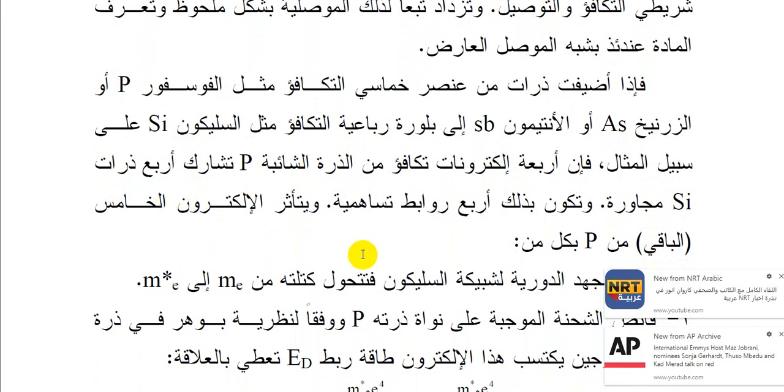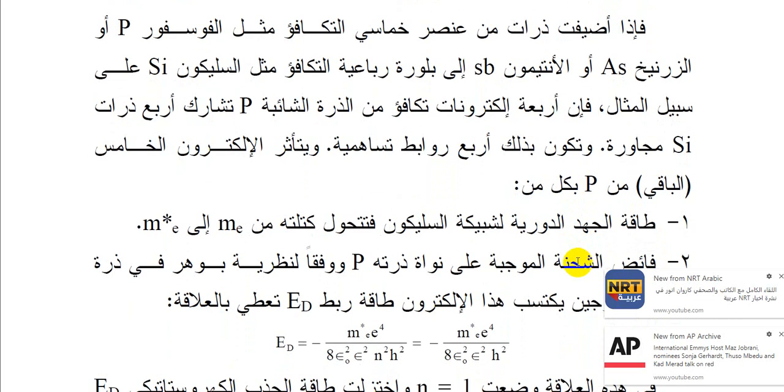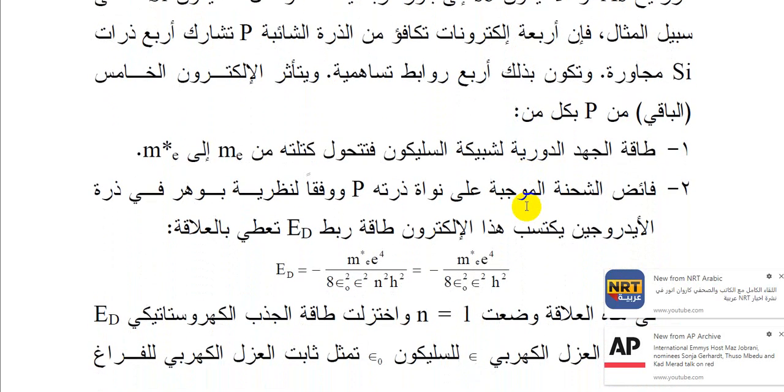Thus four covalent bonds will be generated, and the fifth electron of P is going to be affected by each of them.